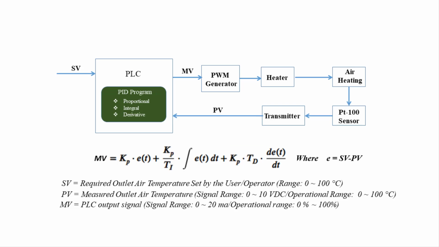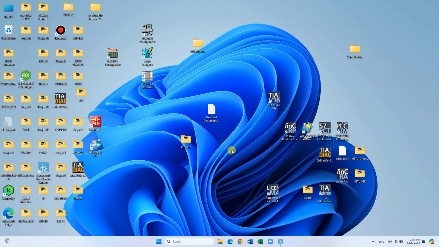For precise and stable temperature control, we have to set the proper values for these three constants during the PLC PID programming. Now proceed to PLC program for PID control and analog input-output configuration of PLC hardware using the TIA Portal software. First, open the TIA Portal software and create a new project for Siemens S7-1200 CPU 1214 AC-DC relay.